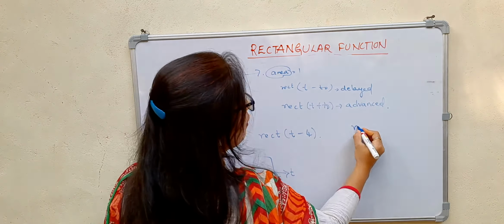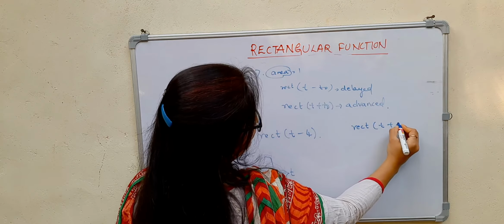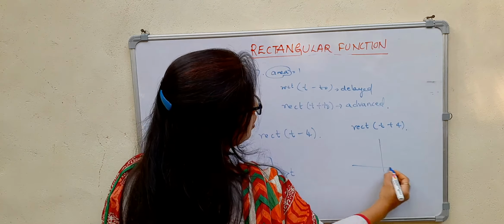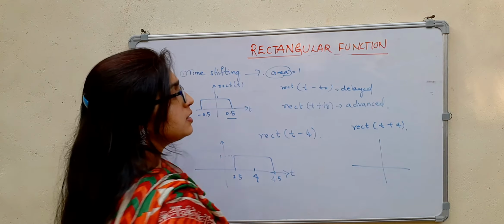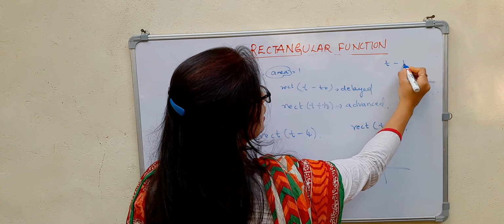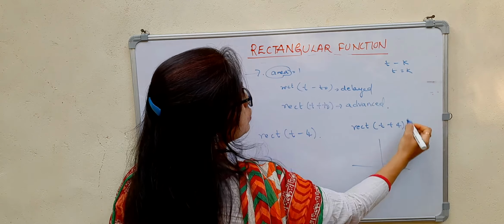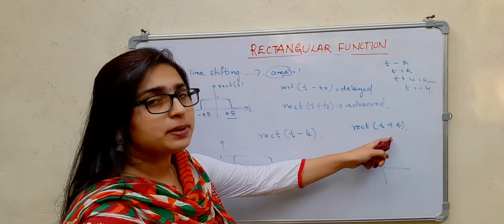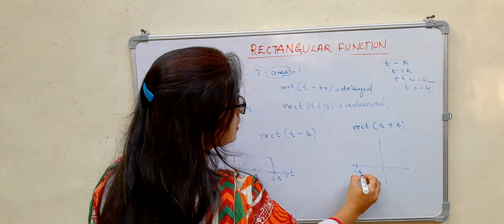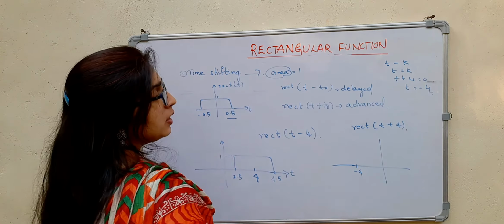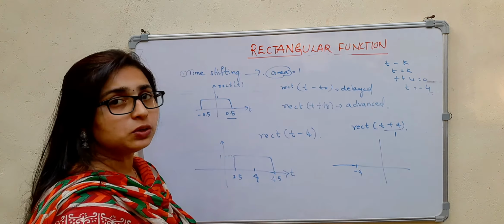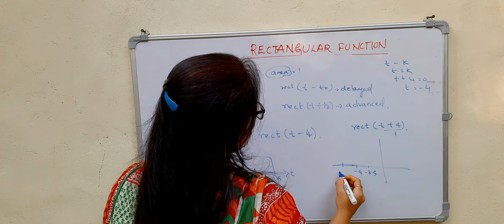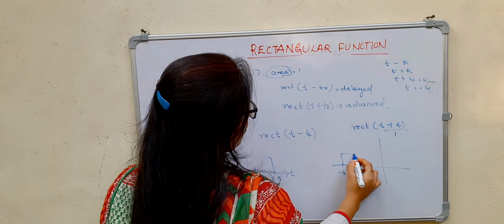Okay, similarly if I consider rectangular t plus 4, how will you represent this? From the general formula, t minus k, t is equal to k. So t plus 4 is equal to 0 gives t equal to minus 4, which means it will be centered at minus 4. So I will consider minus 4 here. Then the total width should be equal to 1. So here I will be considering minus 3.5, and here minus 4.5.